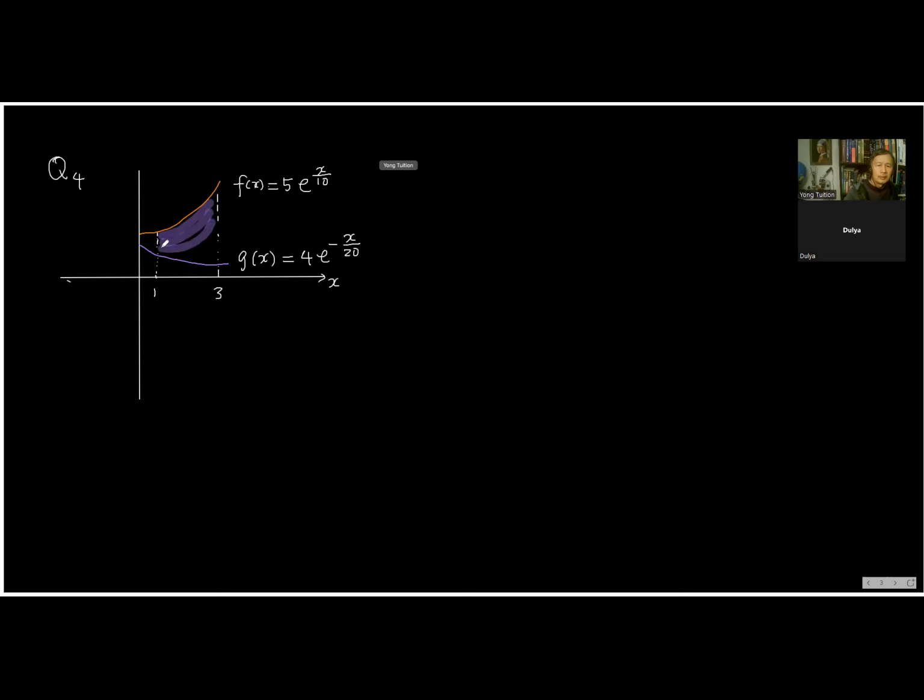Can you see? It doesn't touch the x-axis. So you can imagine there's a hole in this case, right? So how can we work out this volume if we let it rotate about the x-axis? Can you try? Let it rotate.